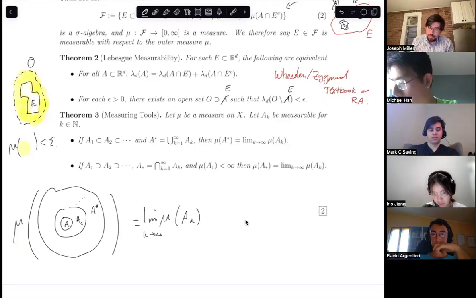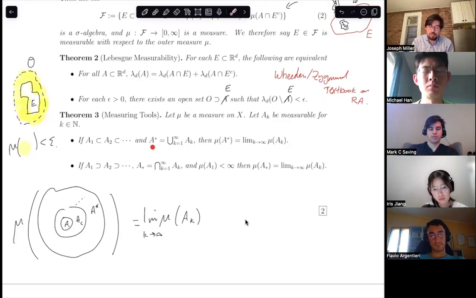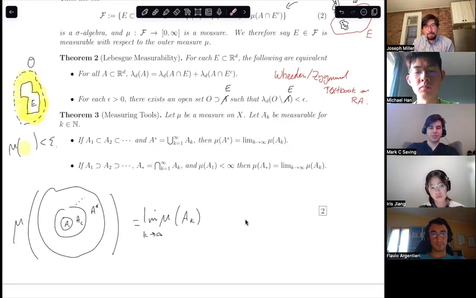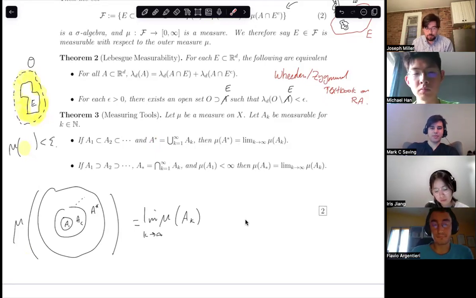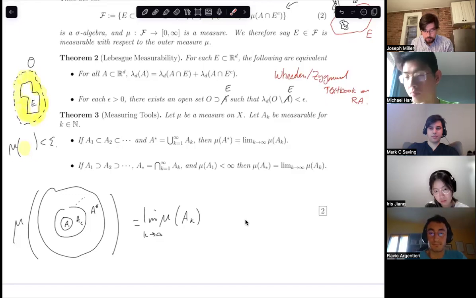Can anybody tell me why A star is measurable? It's just part of the definition of a sigma algebra. Yes. Okay. So that we're good on. Sigma algebras are closed under countable unions.